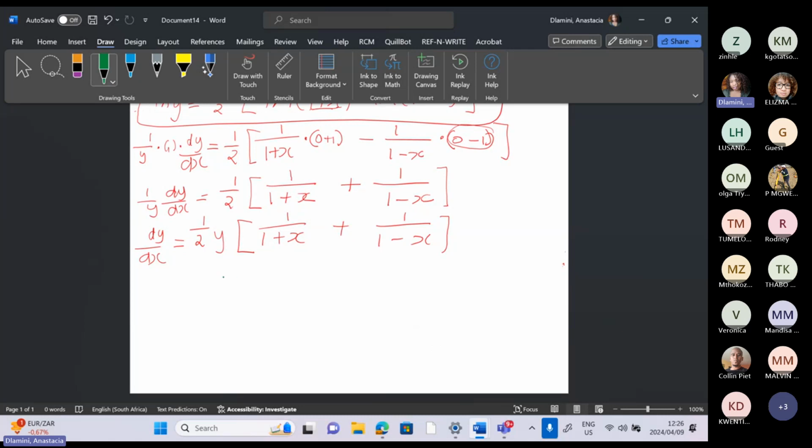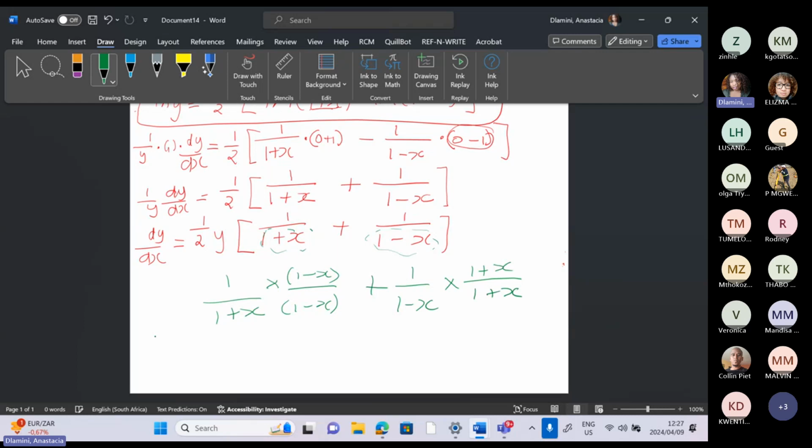So you have 1 over 1 plus x. I take this denominator here and multiply it here, so this will be 1 minus x over 1 minus x. We know 1 minus x over 1 minus x is equal to 1, right? Plus, I put this one the way it is, so it's 1 over 1 minus x times this denominator here, 1 plus x over 1 plus x.